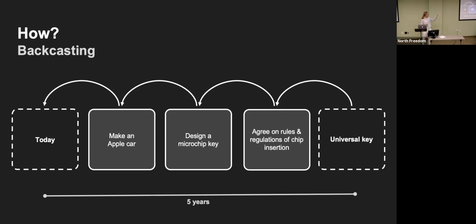For instance, agreeing on rules and regulations of chip insertion as well as of privacy. I think that right now we're at an age, even if we were to consider those timelines before, back in the computer era, I know my parents were nervous even about putting things in banks. Fast forward 10 years later, we're not so nervous about sharing our information now.